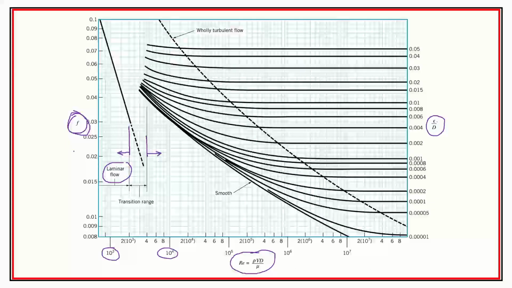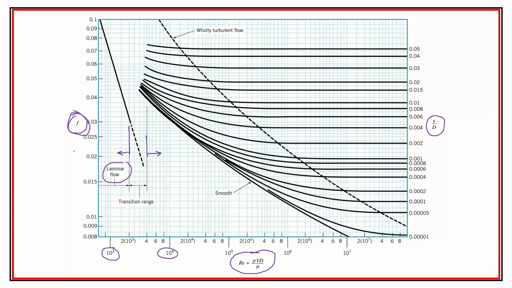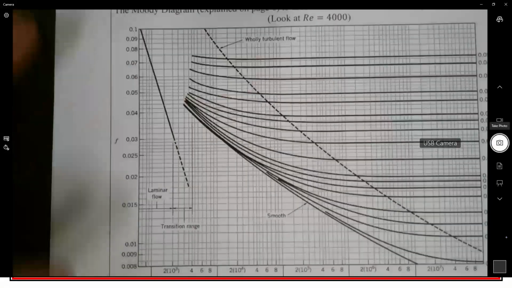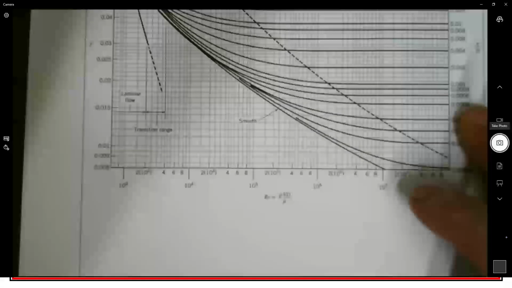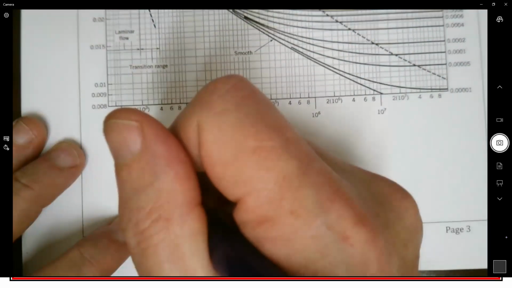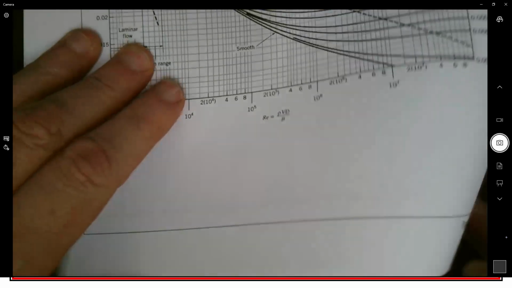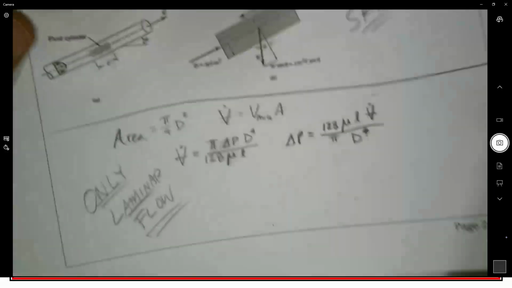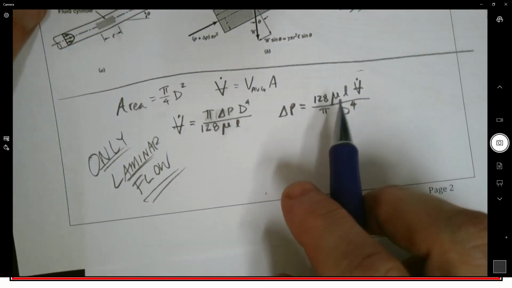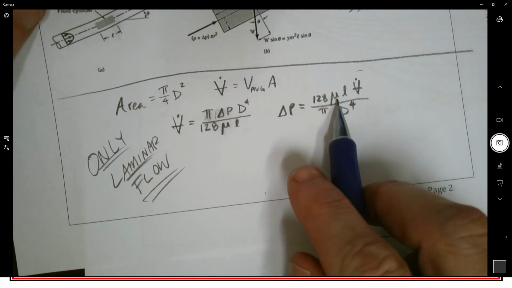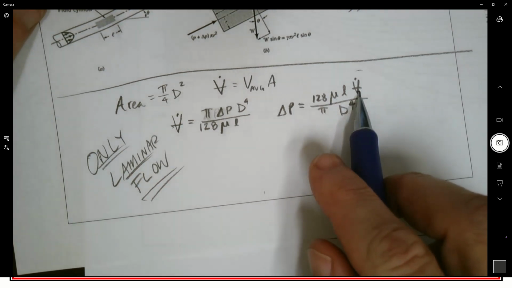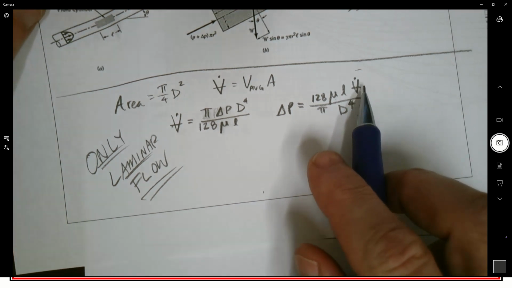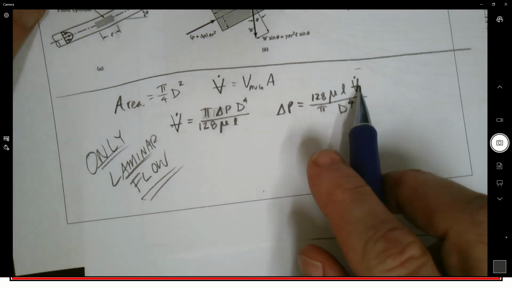Okay. Do I have something else I wanted to say? Yes, I do. Okay, so I want to write down the equation that we have, and do a little bit of a demonstration as to how this is used. On the previous page for the laminar flow, we had delta P equal to 128 mu L times the volume flow rate, which I wish I had kept as a velocity, but it's okay.